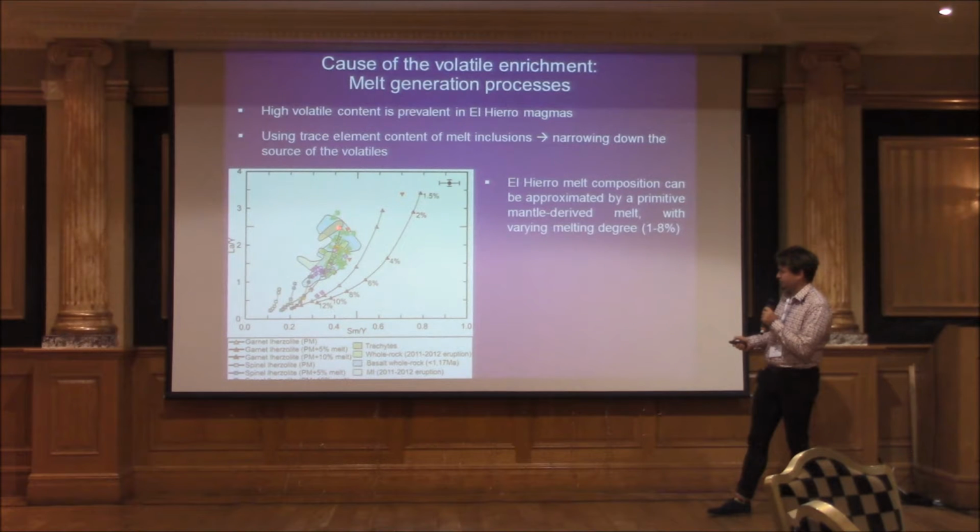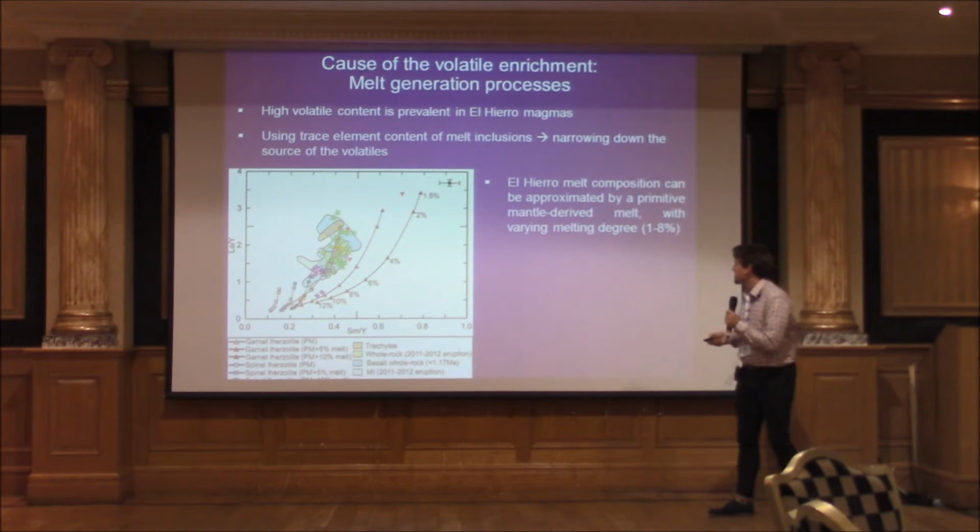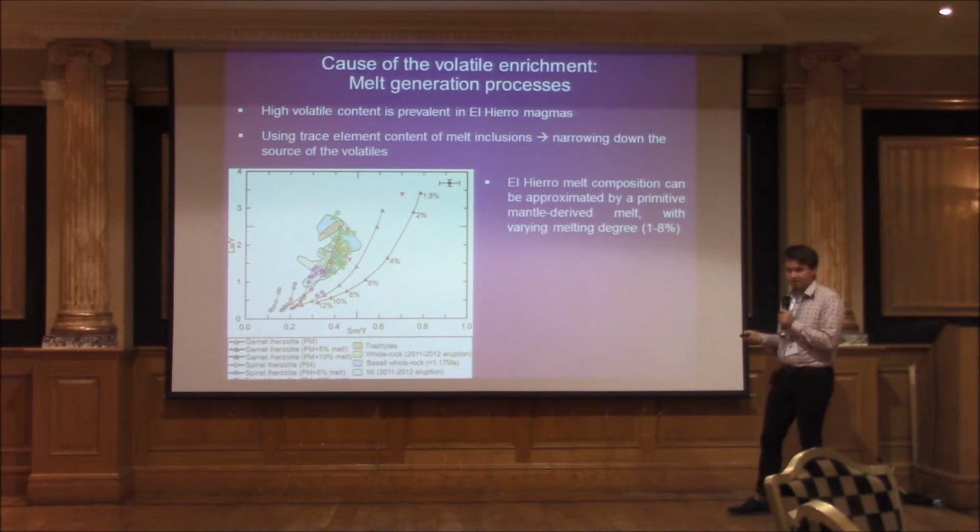So for example, this point represents 1.5% melting, while this point represents 12%. And we can determine melting degrees of the source between 1 and around 8%, which is quite a large range, but still lower than Hawaii.